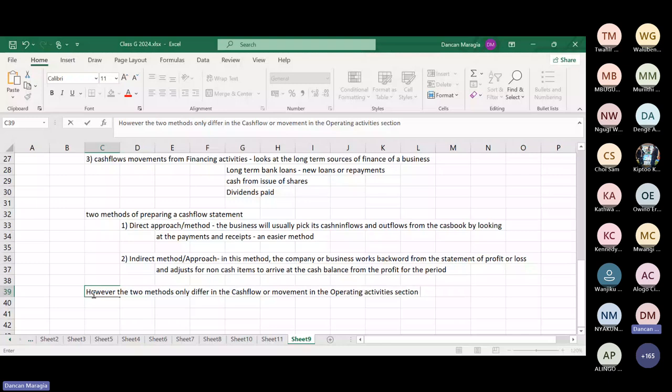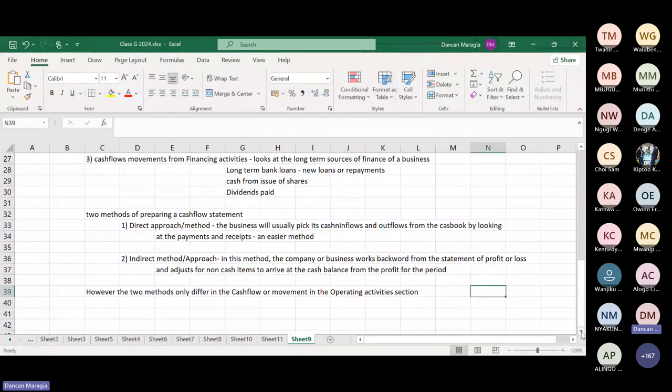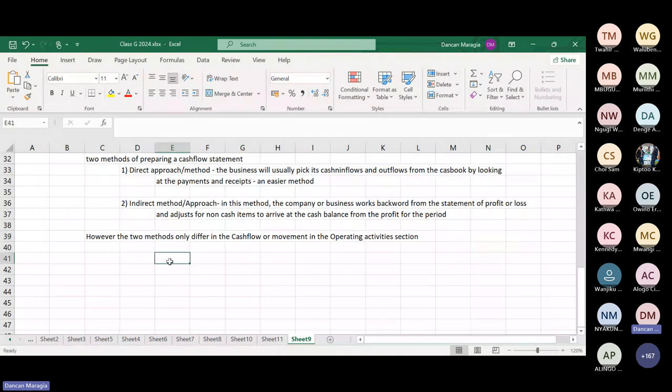Because the other ones, the method will remain the same, although some figures, of course, even in the direct method, you may need to actually work them using backward concepts. So majorly, that is an introduction to the statement of cash flow. Any question if I move on?